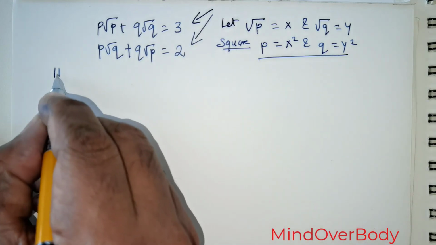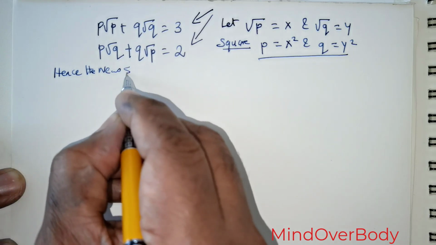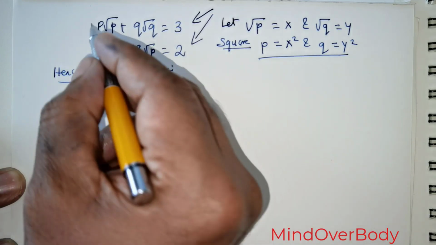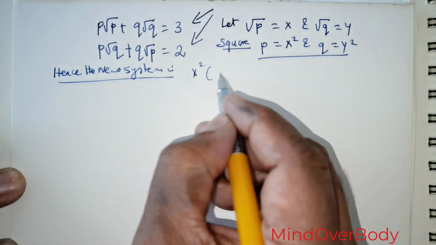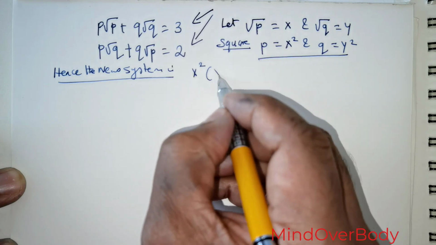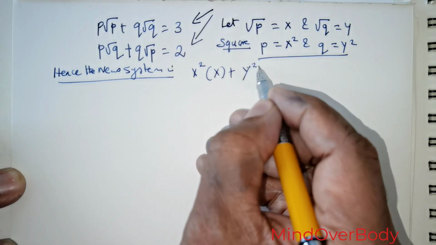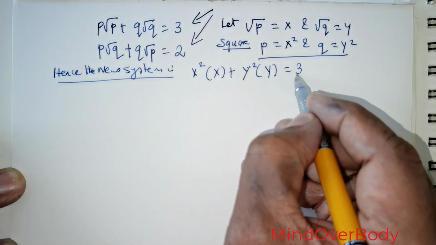Hence the new system is: in place of p I will substitute x squared, in place of root p I will substitute x, followed by, in place of q, y squared, in place of root q, y, is equal to 3.